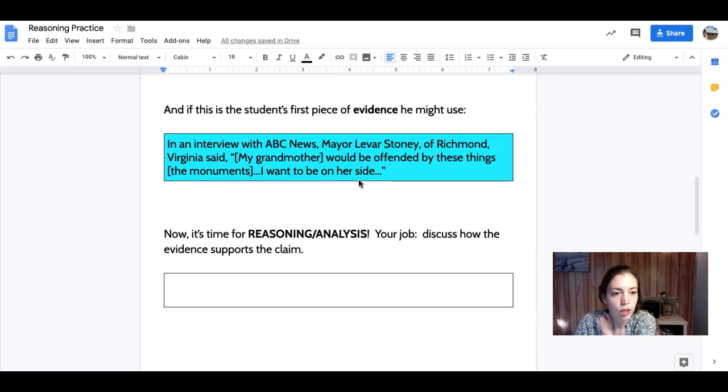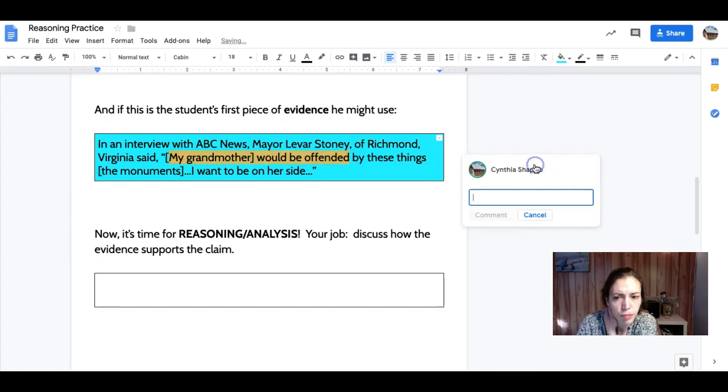Okay. So if I'm going after this piece of evidence, I'm going to want to talk about the different chunks in here. Okay, so some of the things, his grandmother would be offended. So one thing that I might want to talk about here, and I'm just going to kind of think about these different parts of the evidence and what I might want to say in my reasoning or my analysis, right?